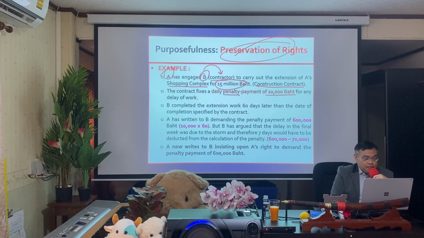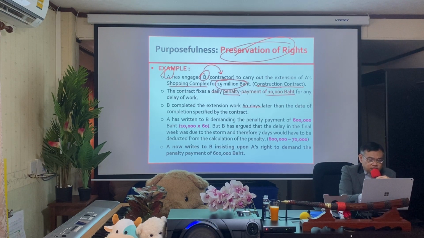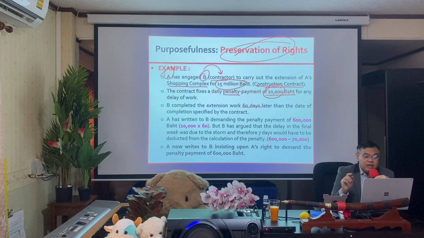Let's suppose that B completed the work 60 days late. The construction work was completed 60 days later than the date specified by the contract. So in this case, A wanted to demand the penalty payment from B. Remember, the contract said that B would have to pay 10,000 baht per day for the delay.